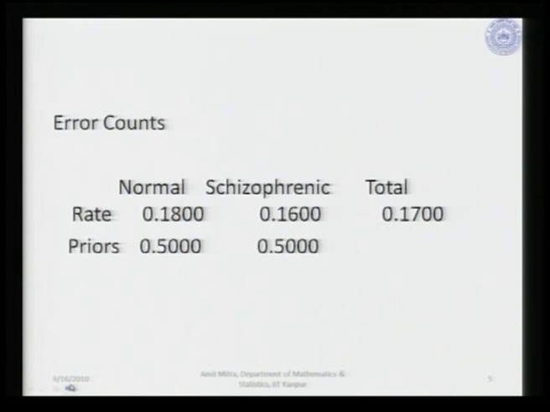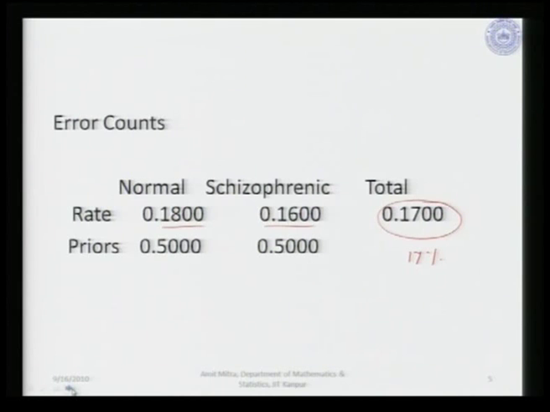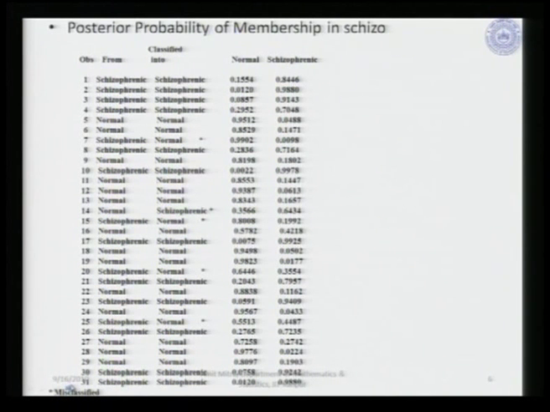The error counts from the two classes pooled up are 18% from the normal class and 16% from the schizophrenic class, and hence 17% of the observations are wrongly classified using this classification rule. It is simple to see that out of 100, these 17 cases are misclassified. So, that is what corresponds to the Fisher linear discriminant function.